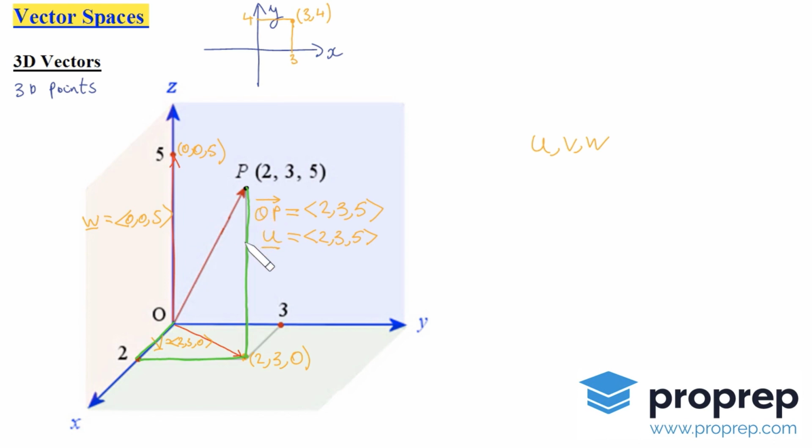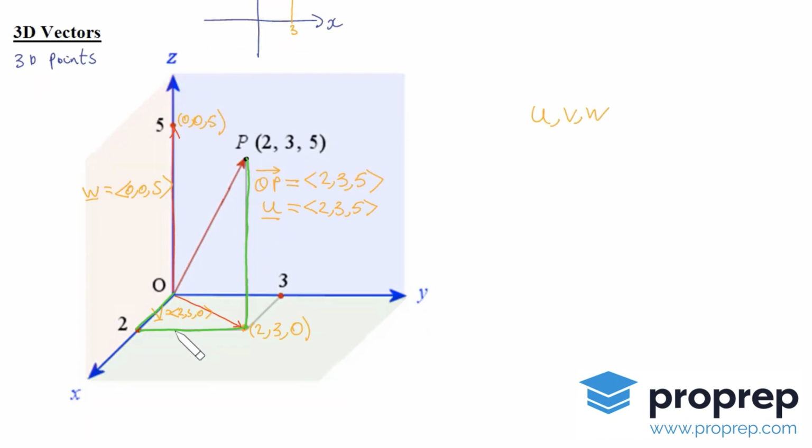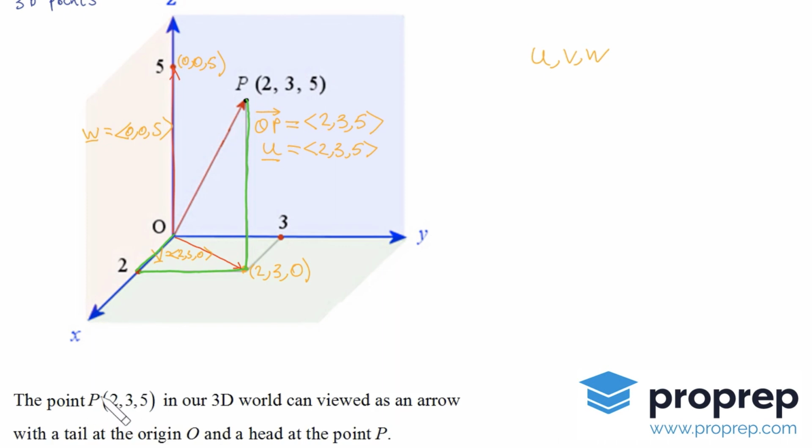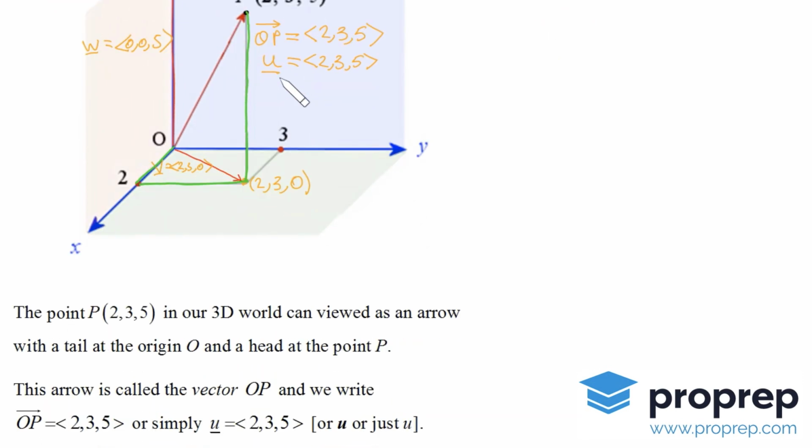And let me just summarize in writing some of the things I said. So again, in our example, this point here, 2, 3, 5, in the three-dimensional world can be viewed as an arrow with a tail at the origin and a head at the point P. And the arrow is called the vector OP, and we write it as OP with an arrow on top equals 2, 3, 5 like this.